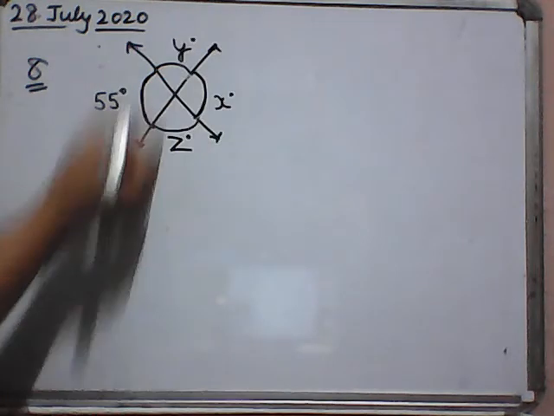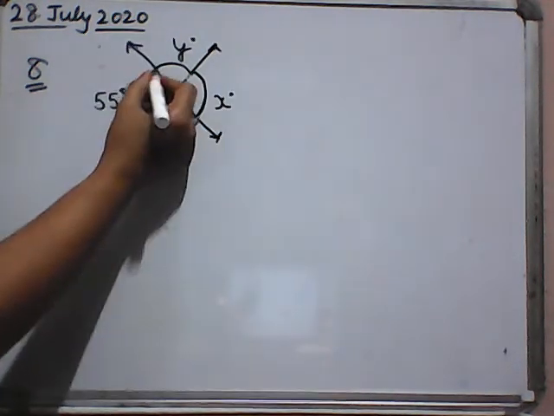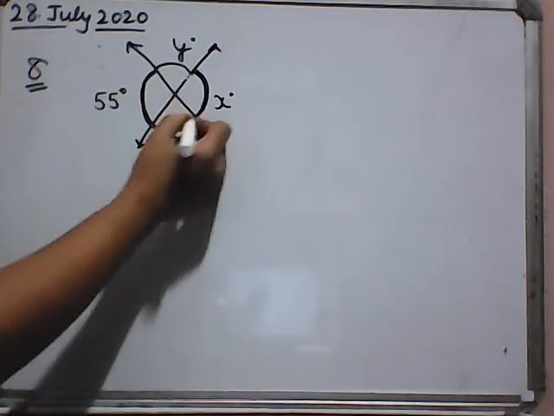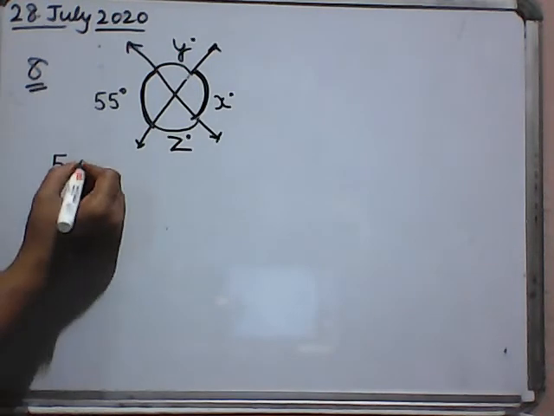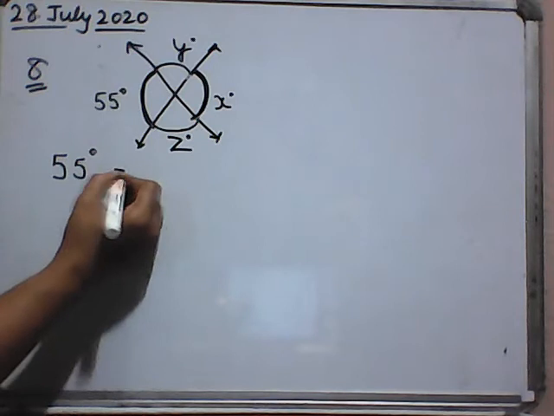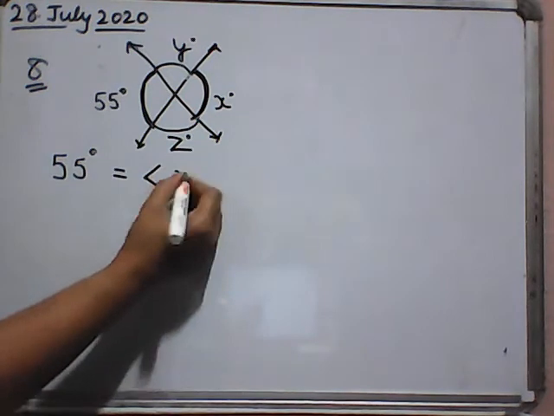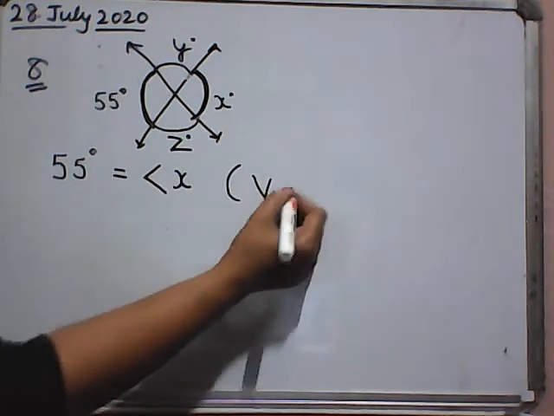When two lines cross each other, angle x is vertically opposite to the 55 degree angle, so 55 degrees equals angle x.